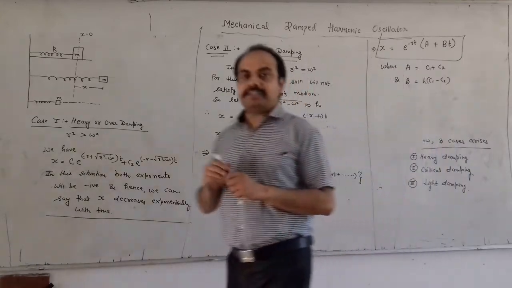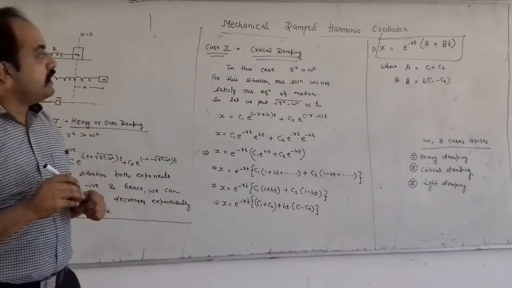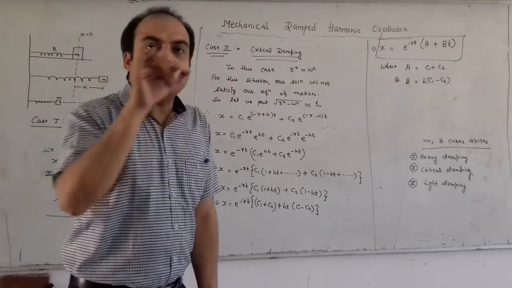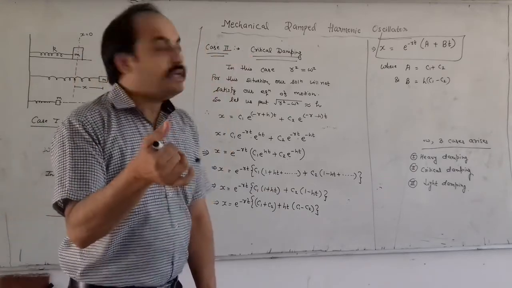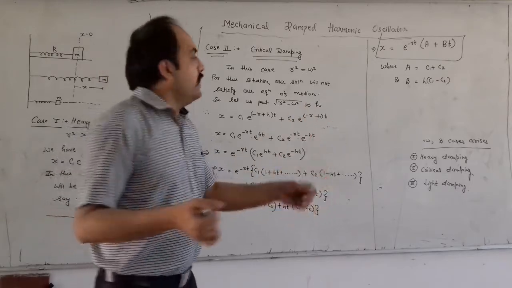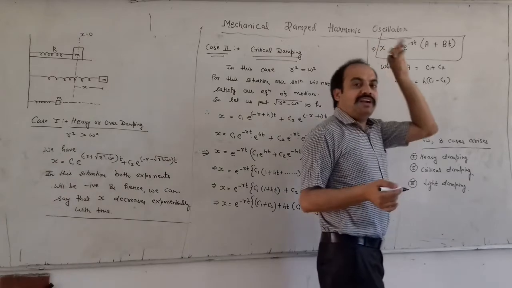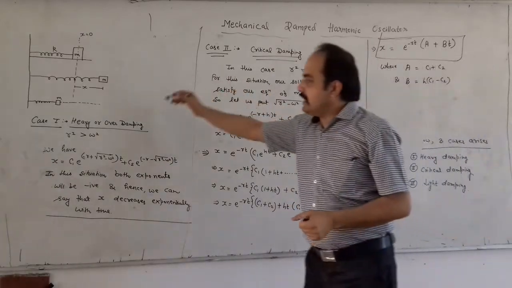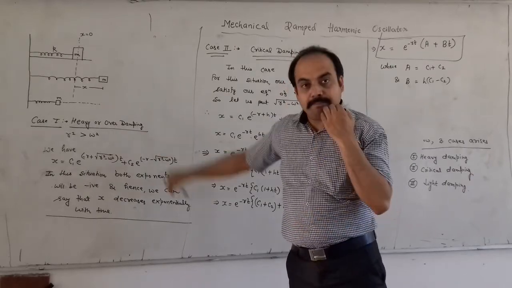So we can again see that both terms are positive. Therefore x will become e to the power minus rt times some positive term. That means x will decrease exponentially with time, and the amplitude will decrease in less time than the time taken in heavy damping.